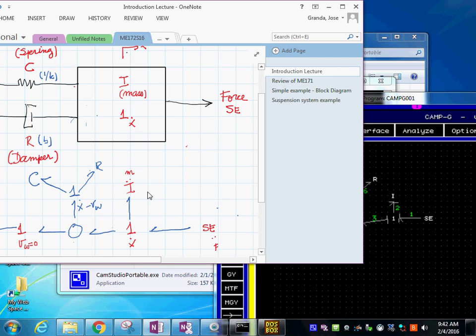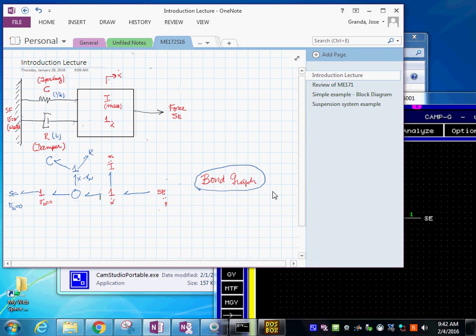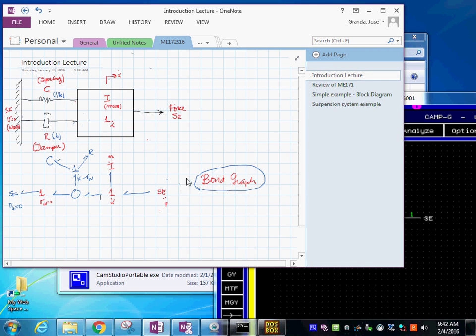We have represented it in an easy way. So what I'm trying to tell you is forces over here. Then you have mass over here. The C and the R element, the spring and the damper are here, and the wall is here. So we need to put the values on this.